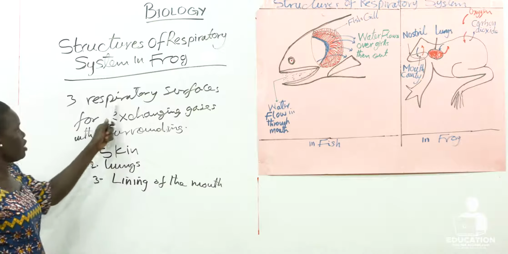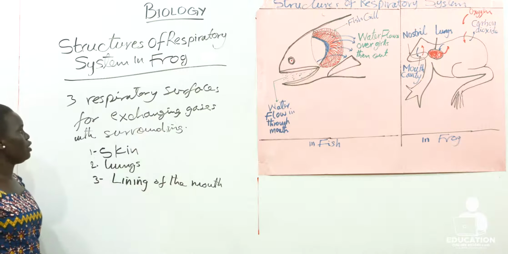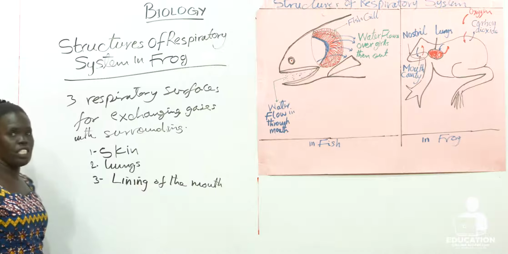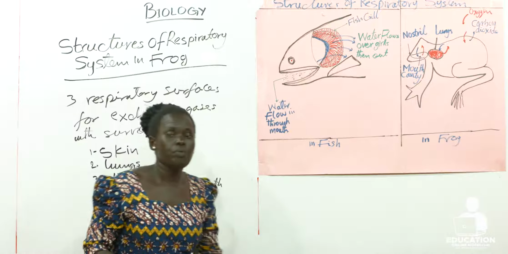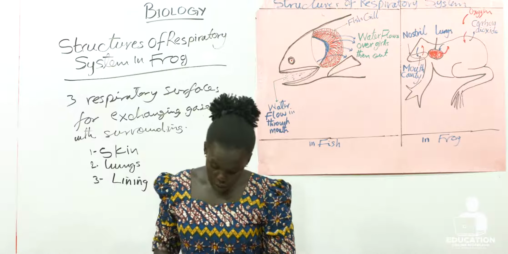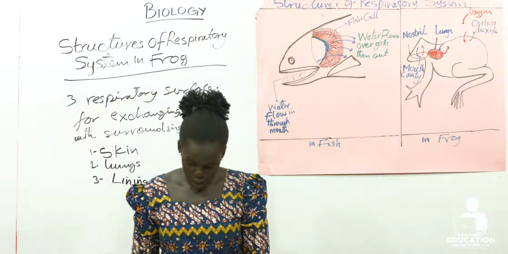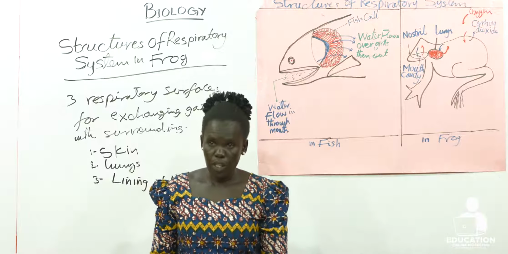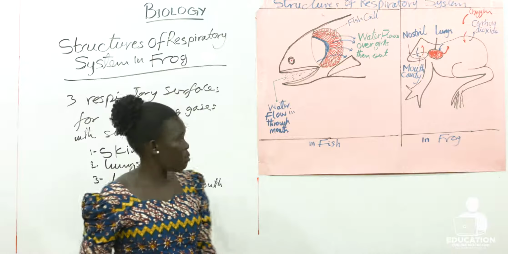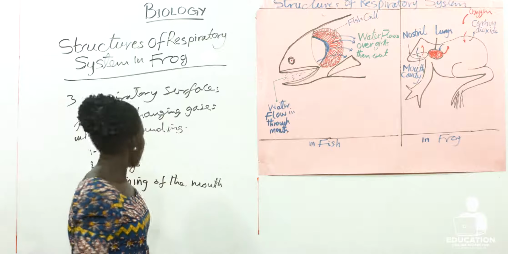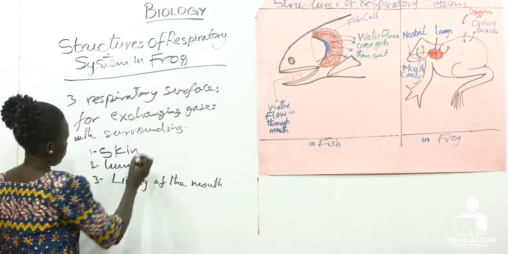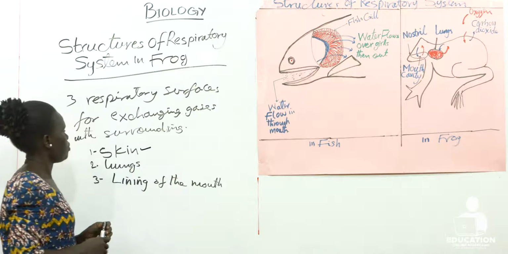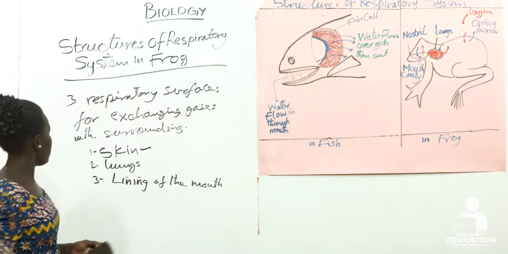These are the three respiratory surfaces for exchanging air with the surroundings. So therefore, the structures of the respiratory system in frogs are: we start with the skin. Number one is the skin.